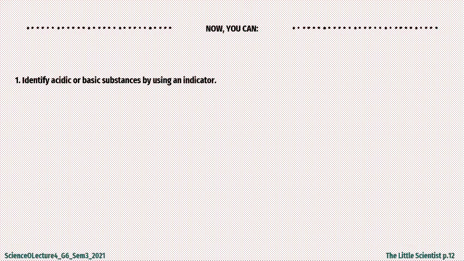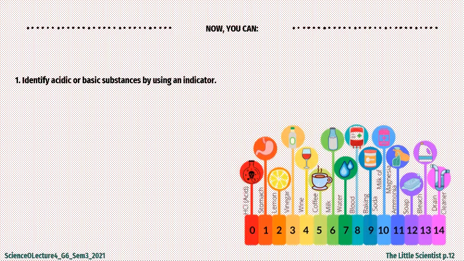To identify if a solution is acidic or basic, we use indicators and the pH scale. If the pH of the solution is less than 7, it's acidic. If it's greater than 7, it's basic.